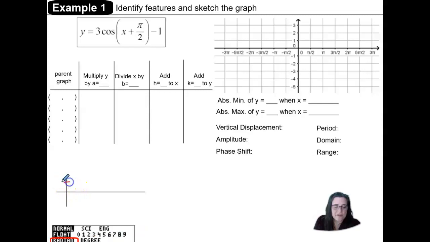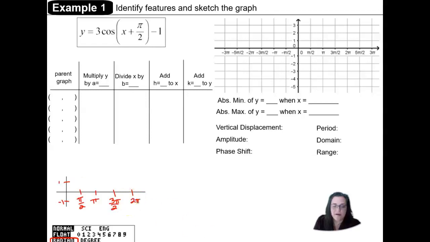So if this is my max of 1, my min of -1, and then we'll have 4 tick marks for our quadrantal angles. So this one would be pi over 2, then half the circle is pi, 3 pi over 2, and the whole circle is 2 pi.